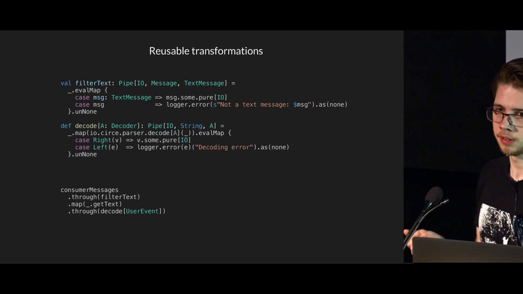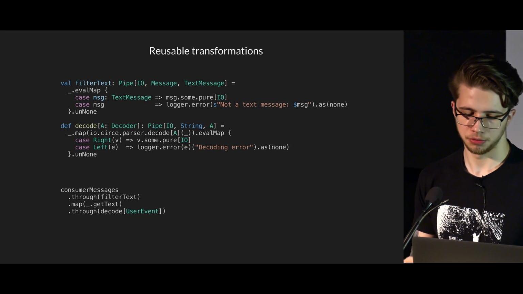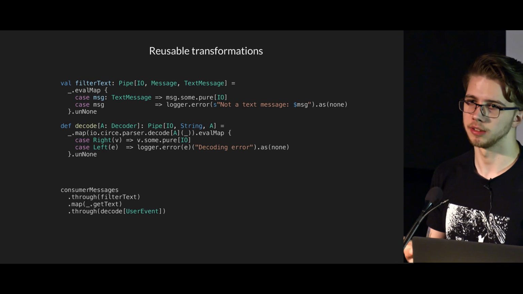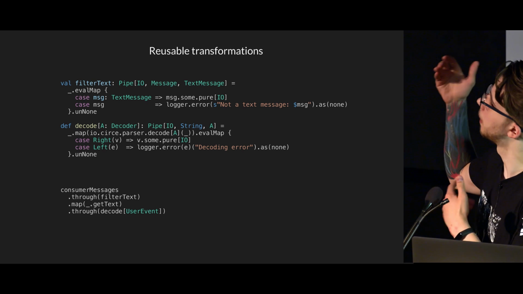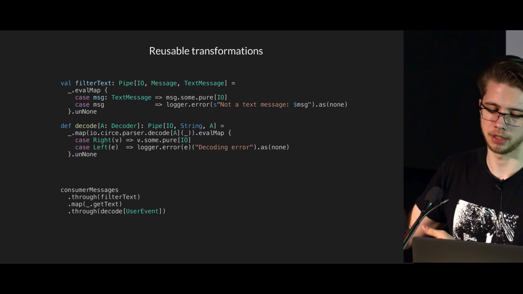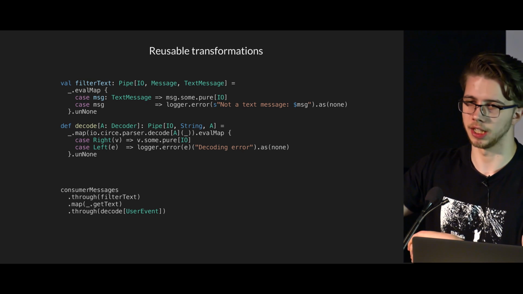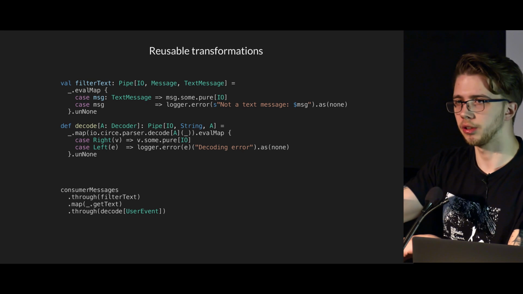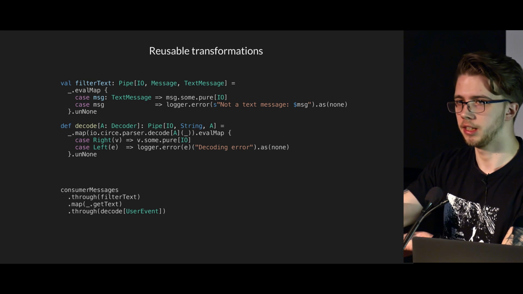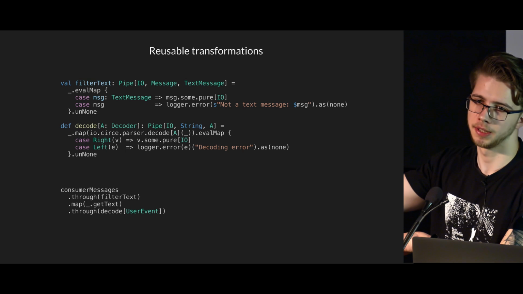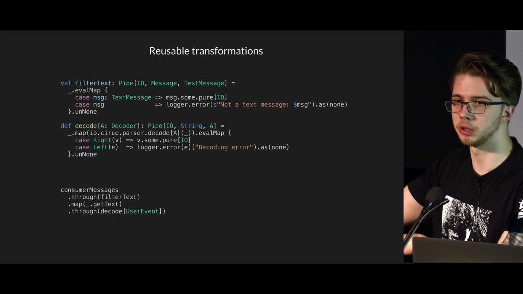So these pipes, you can think about them as reusable transformations. And they can do things on an element by element basis like I do here. So I execute an effectful function for each element in the first one, and then I only collected the elements that were wrapped in Some, in a full option.